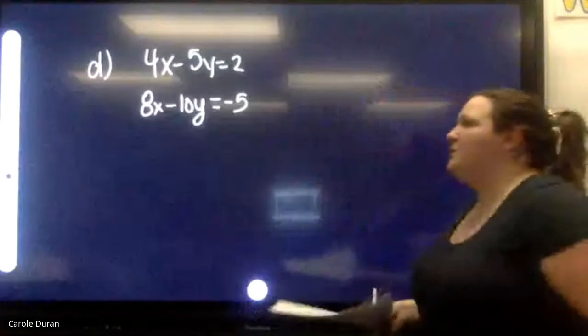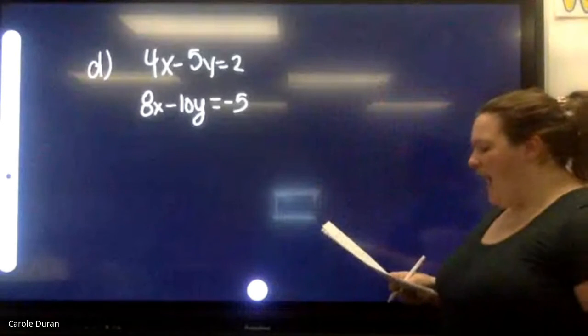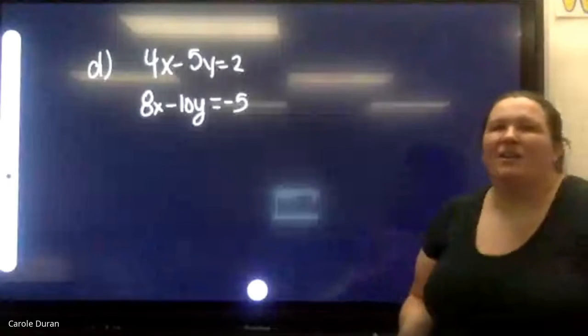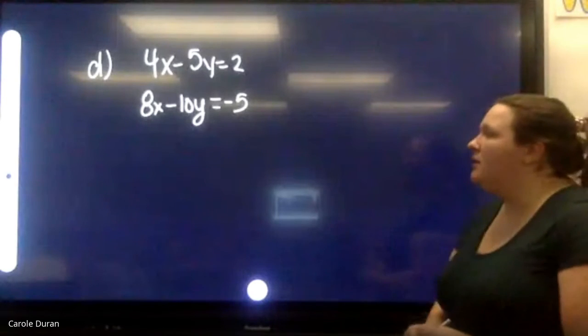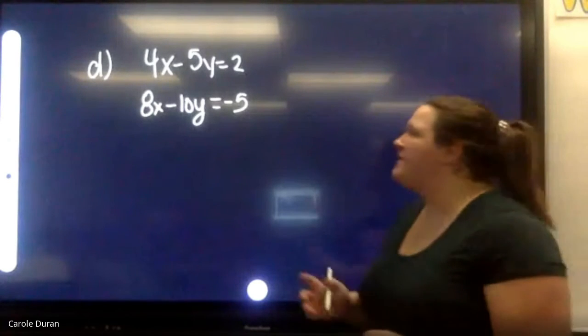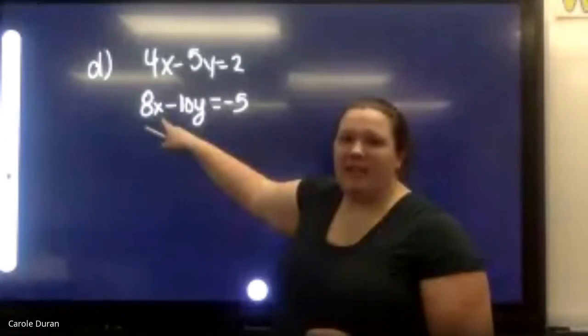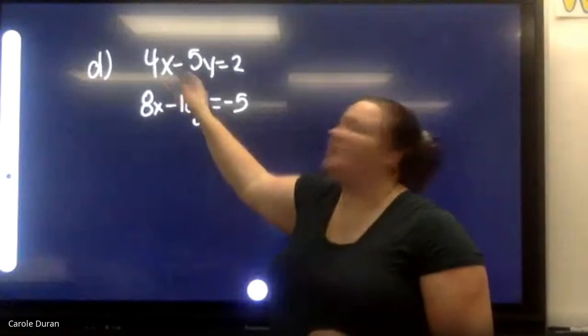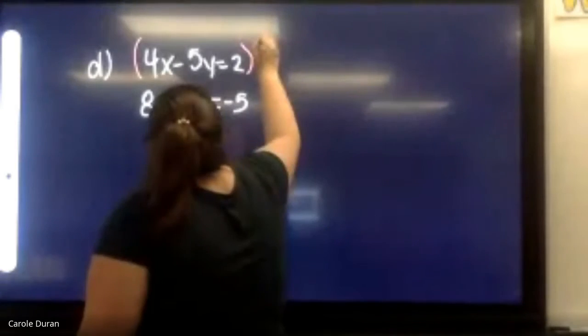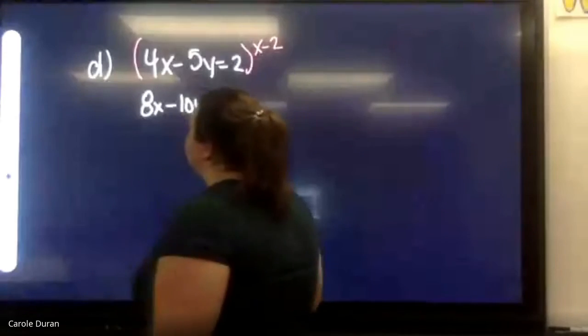So I need to decide which one I'd like to cancel. I actually kind of want to cancel the y's since they already kind of look like they're set up for it. The only thing is that I need them to have the same number with the opposite sign. So because this one's already a negative 10, I would like to make this one a positive 10. So I need to multiply this top equation by negative 2.